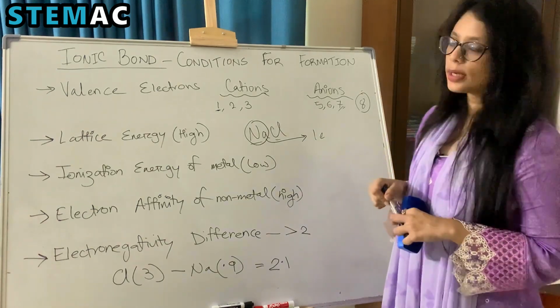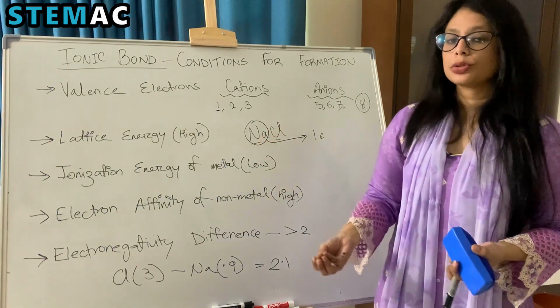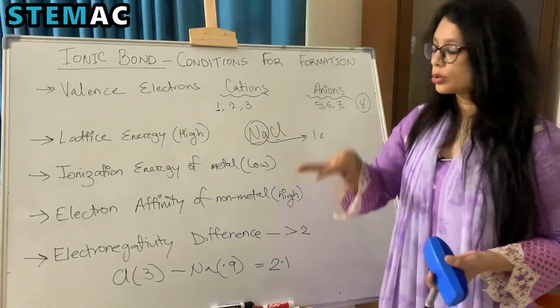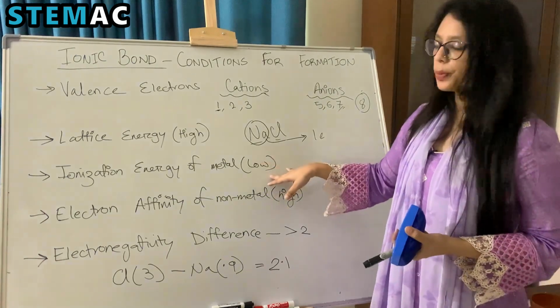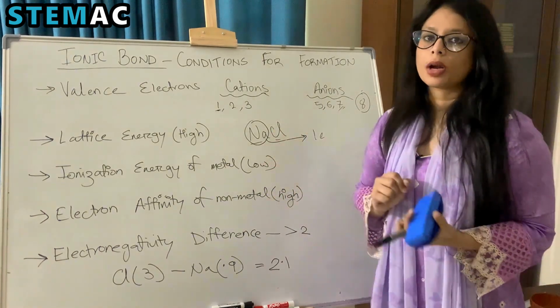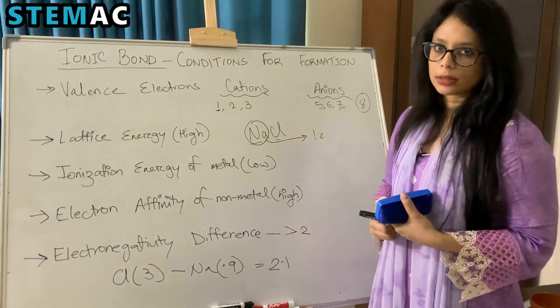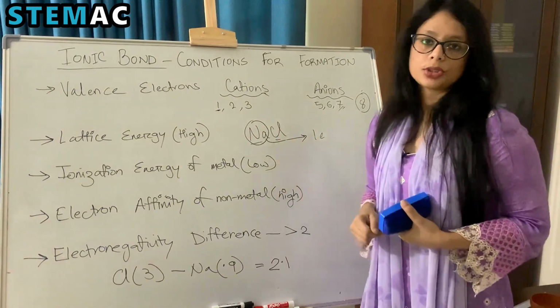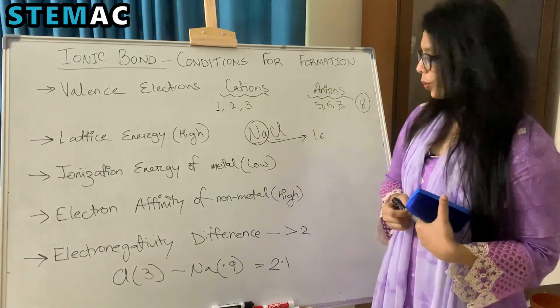Ionization energy is the energy required by the metal in order to donate its outermost shell electron to chlorine. This energy must be low, because if it were high, then sodium would probably not want to donate an electron to the chlorine atom. So the ionization energy of the metal or the cation in the ionic bond should always be low.